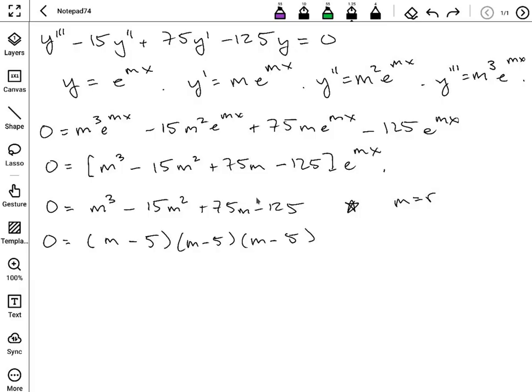If you're not good at factoring cubics, don't worry, that's not part of our exam. You can just use a cubic equation calculator online if you want. I don't really care. 5 times 25 is that 125 term.